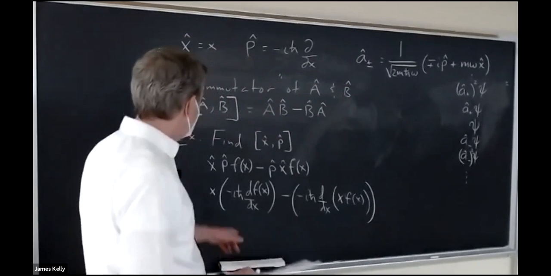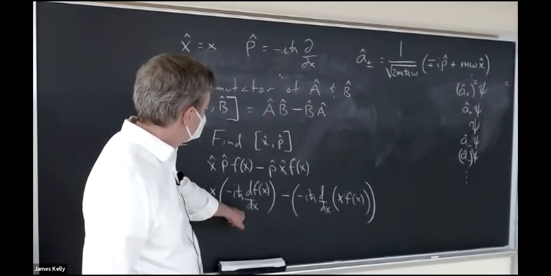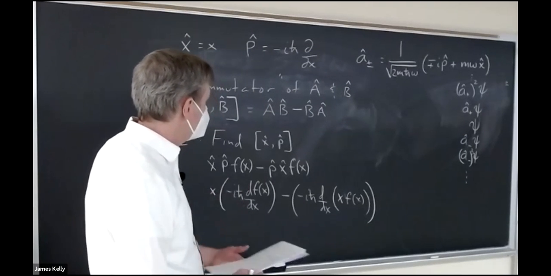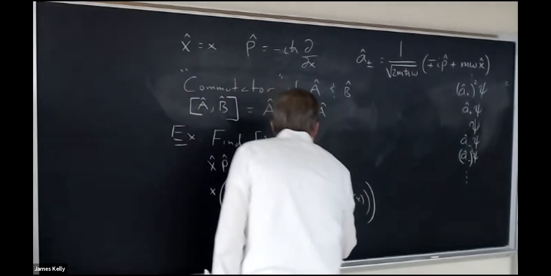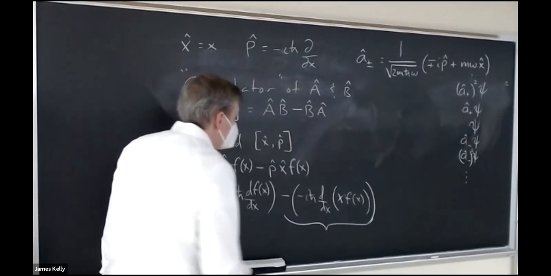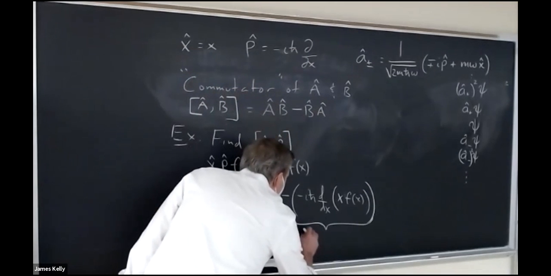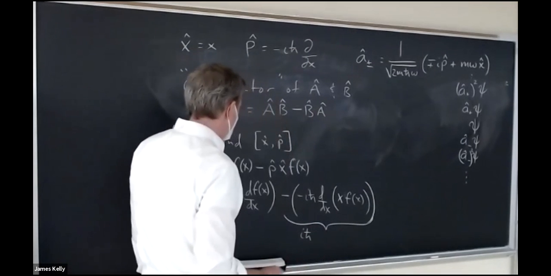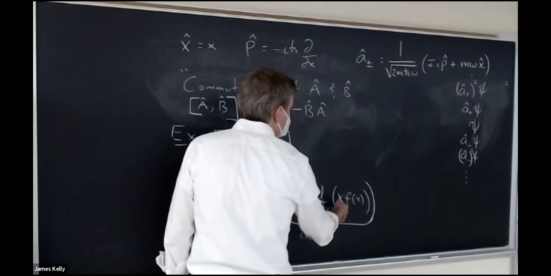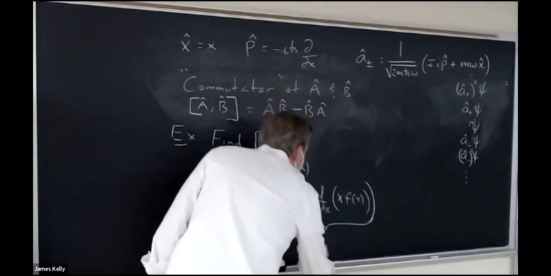Okay, so let's simplify this. There's not really much simplification you can do. I could bring the minus i h bar out front and put the x right there. But this thing right here, I could simplify as plus i h bar times the derivative of x with respect to x times f of x.